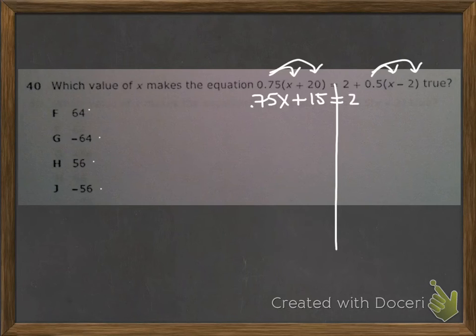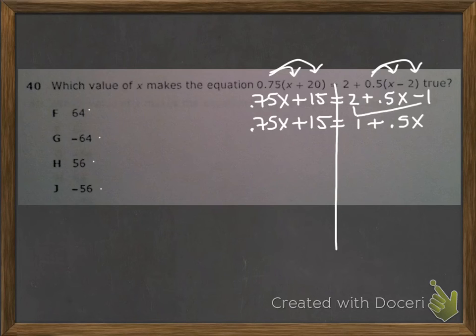On the right, I've got 2 plus 0.5 times X is 0.5X, and 0.5 times negative 2 is negative 1. Now we need to combine some like terms here. On the left, we've got no like terms, so I'm just going to rewrite those. On the right, I can combine the 2 and the minus 1. That makes 1. And then plus the 0.5x.